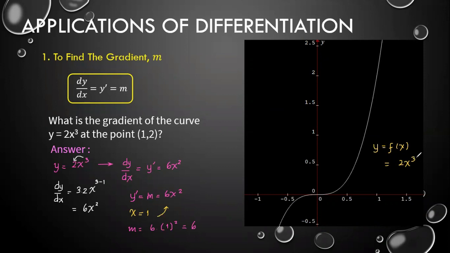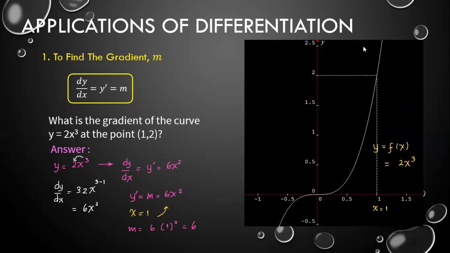So what is the gradient? When x equals 1, go to the vertical line and intersect the graph, and we find this is the point where we want the gradient m.